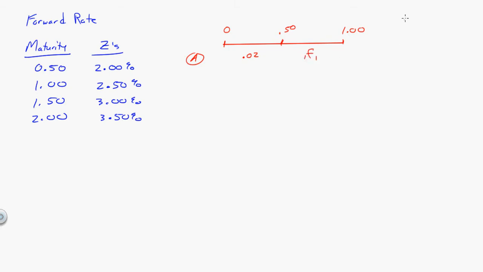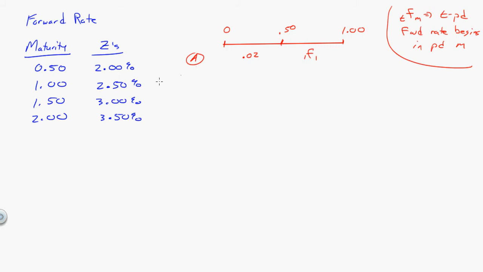Let me give you some terminology. Subscript T, lowercase f, subscript 1 is a T period forward rate that begins in period M. So a T period forward rate that begins in period M.